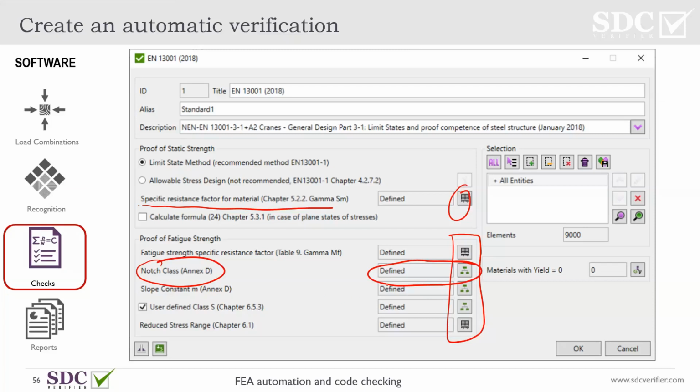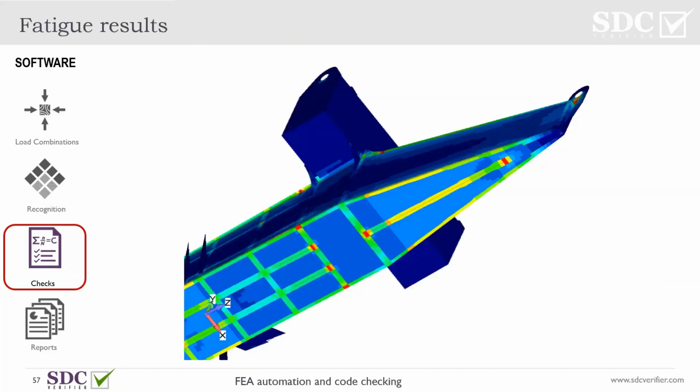And that's basically it. So these things are also simple. Slope constant, you have only two options.